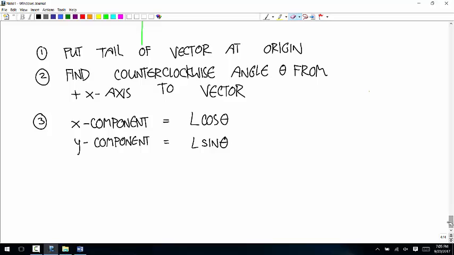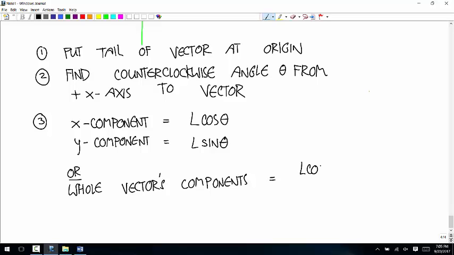Okay, and you can also represent the whole vector in components like this. The whole vector's components are L times the cosine of theta, L times the sine of theta, with square brackets.